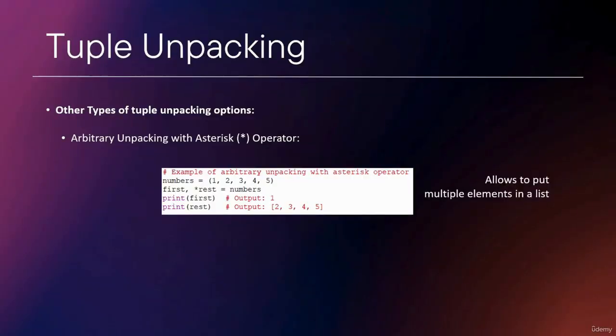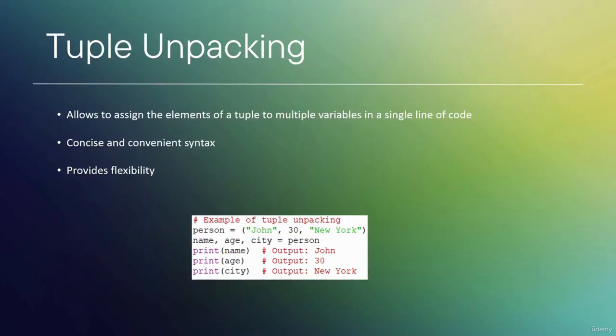If you look at this example, we have a tuple called person, and it has three values: John, 30, and New York. We know that the first value is the name, the second one is the age, and the third one is a city. So what I can do is write three variables, name, age, and city, separated by a comma. This means create three variables equal to person.